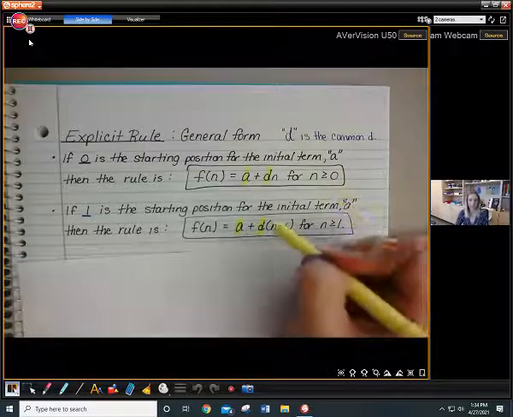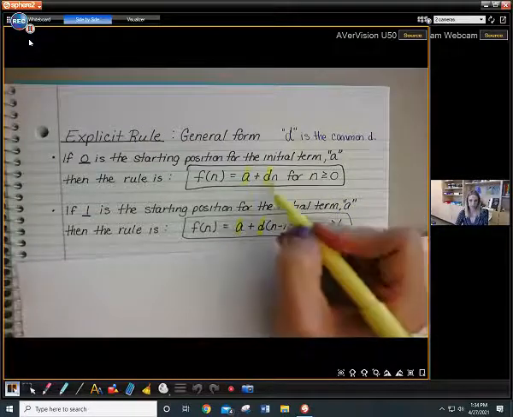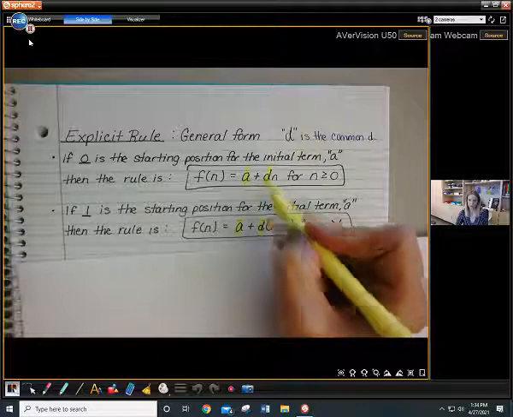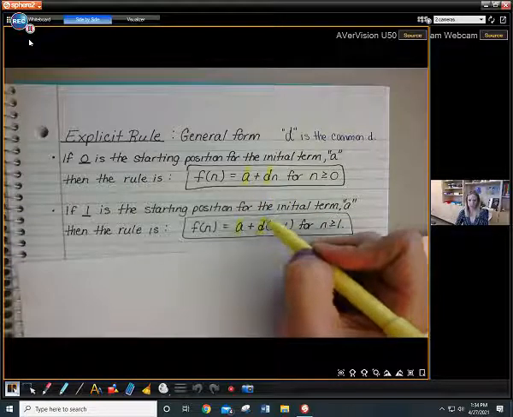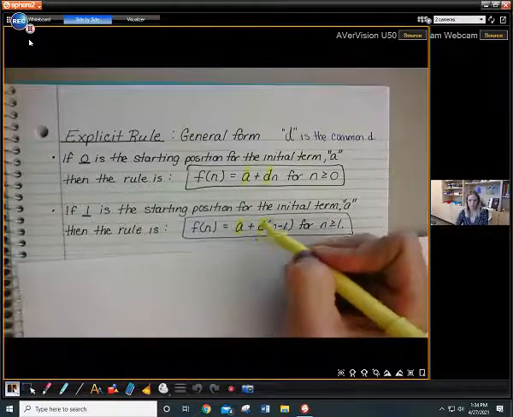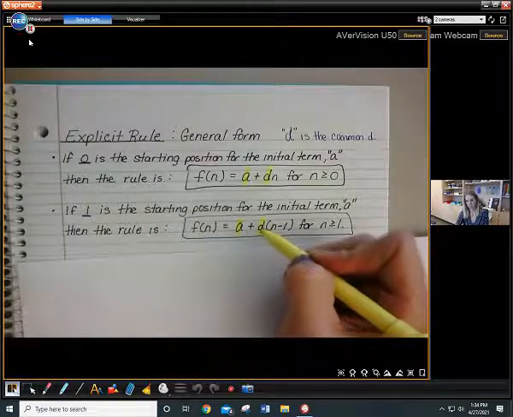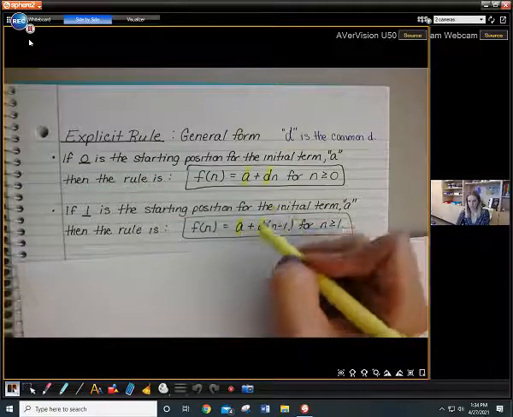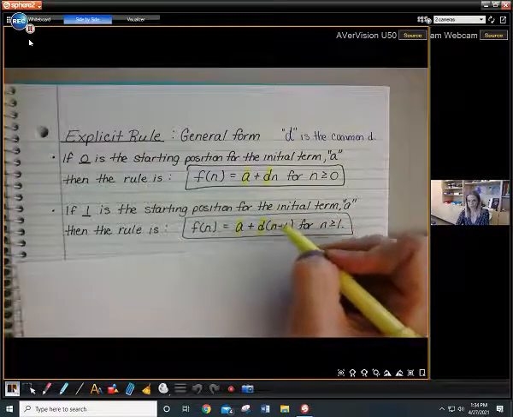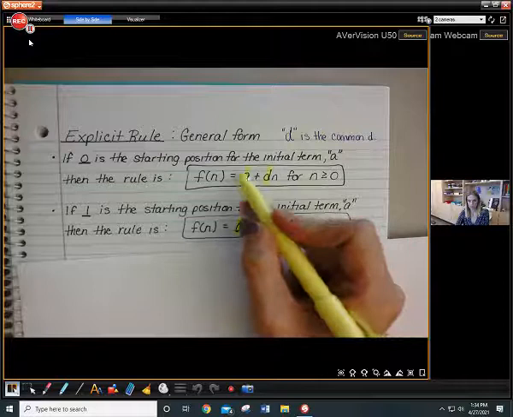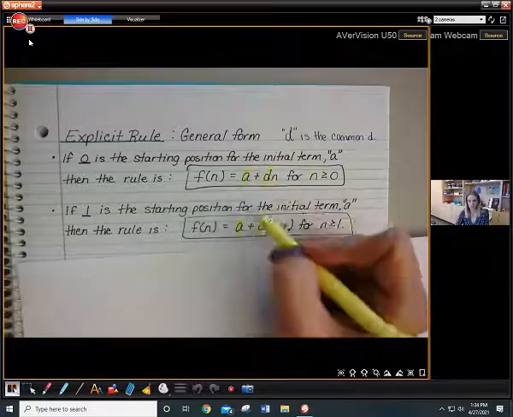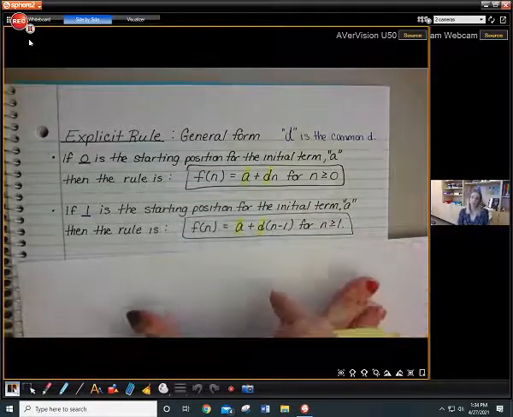And this equation and this equation are equivalent. This one, if I distribute, I have a dn, but again, there's going to be some number here. Maybe I should just wait until we get an example. If I were to distribute this and then simplify, it would simplify down to this rule. So these are two equivalent equations.